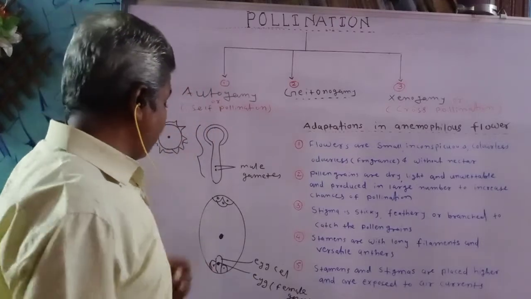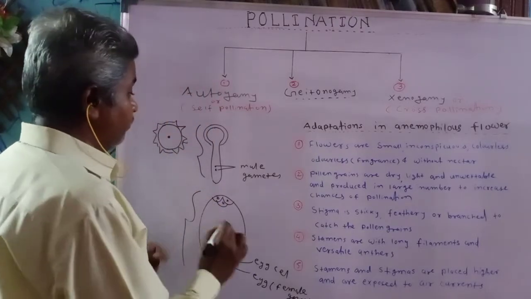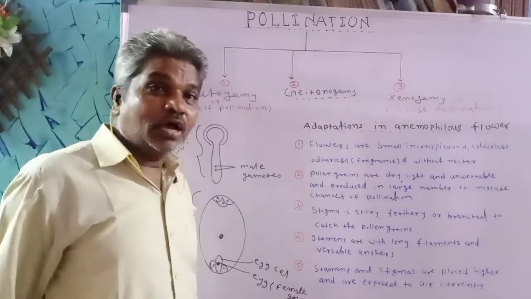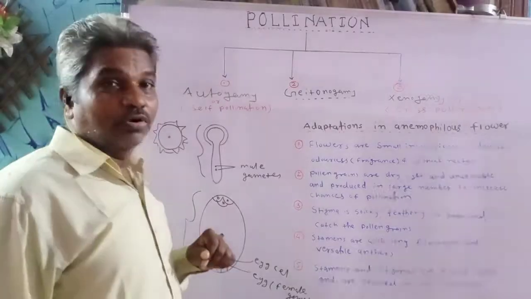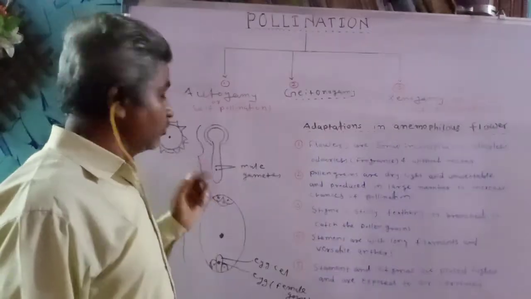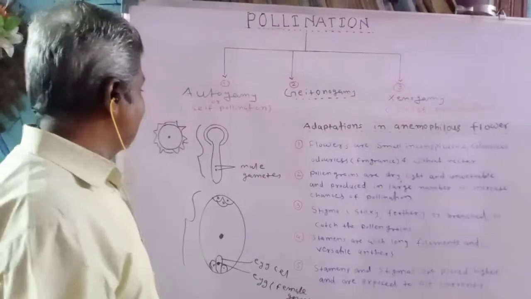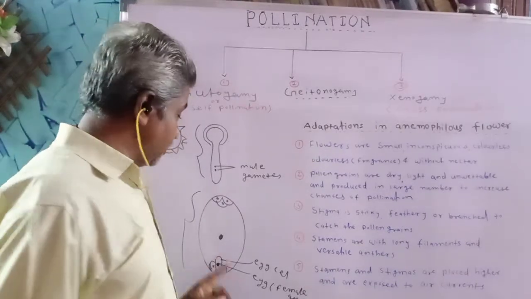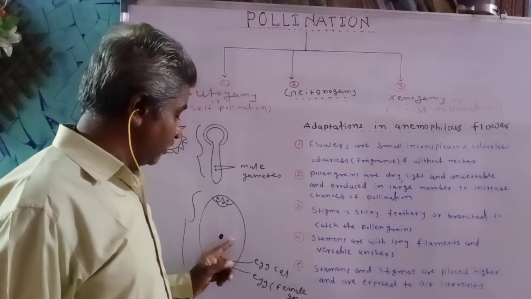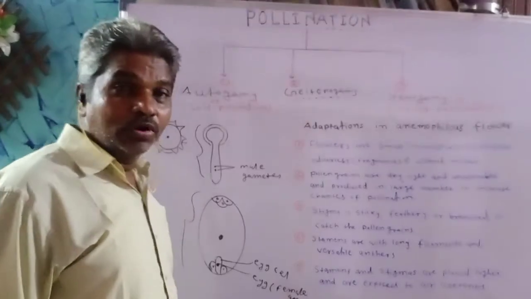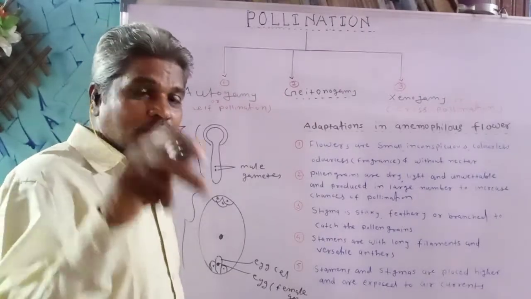So these male and female gametophytes lie apart from one another. That is, the male gametes are developed from the pollen grain, and pollen grains lie in the anther. Similarly, the female gametophyte develops from the megaspore mother cell, which lies in the ovule, and the ovule lies in the ovary.